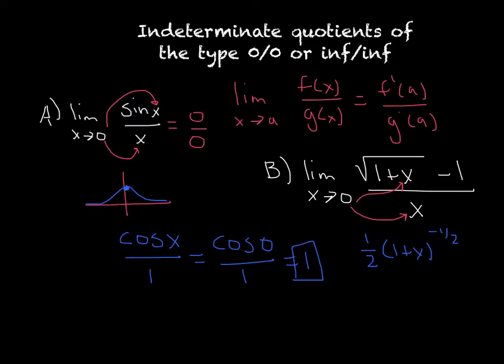And the derivative of -1, the rest of the numerator, is 0. And then the derivative of the bottom, which is x, is just 1. So essentially we have 1 over 2 square root of 1 plus x. And then when we plug in 0, we end up getting 1/2 as our limit.